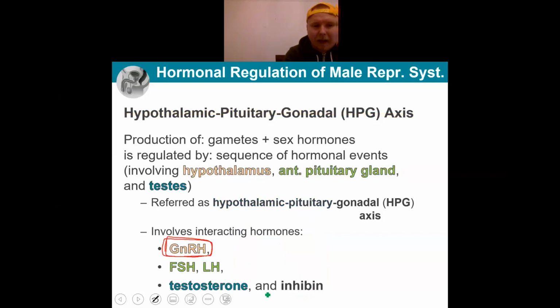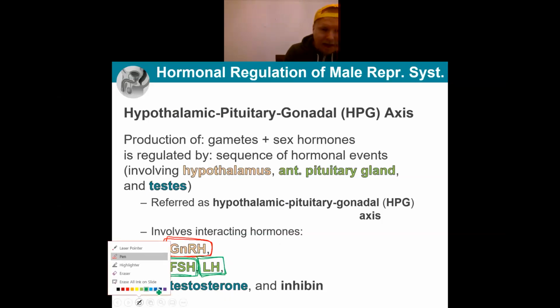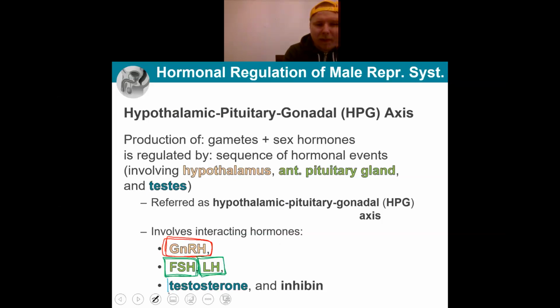So in this case, the follicle stimulating hormone and luteinizing hormone. These two are important from the anterior pituitary gland. And one more structure that we saw earlier on, of course, are the testes. Testes were responsible for the production of the testosterone. So not just the sperm, but also the testosterone production is going to be important there.